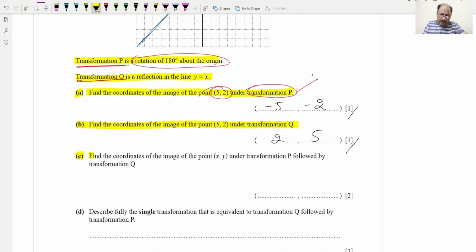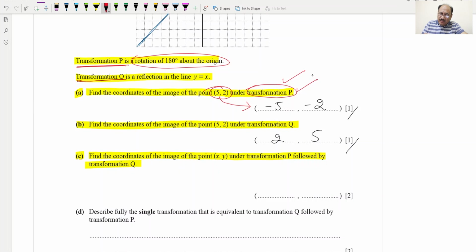C part: find the coordinates of the image of the point (x, y) under transformation P followed by transformation Q. Now keep in mind, when we apply transformation P, (5, 2) switches to (-5, -2).